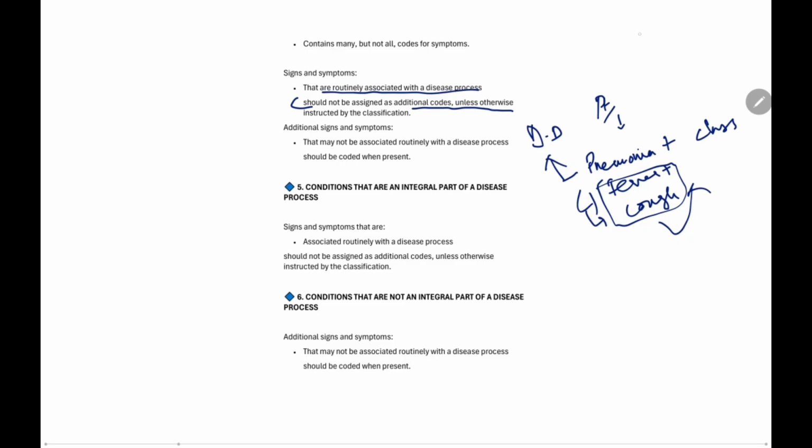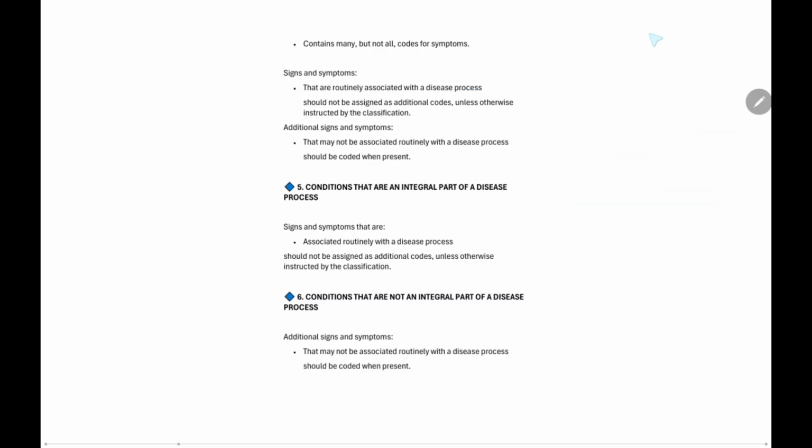Third scenario, I hope you understood scenario 2. For example, an extra symptom: pneumonia plus hemoptysis. Pneumonia and hemoptysis are together, present and not interrelated.